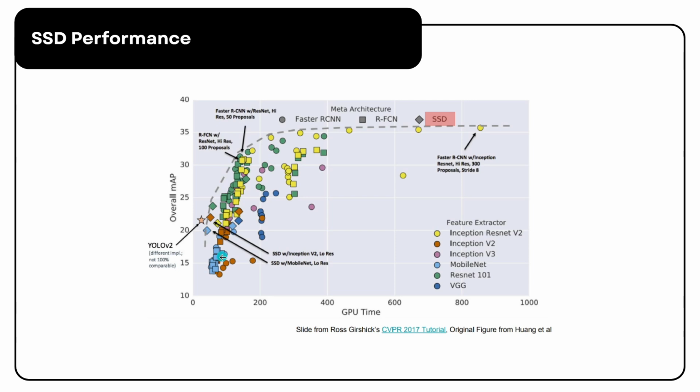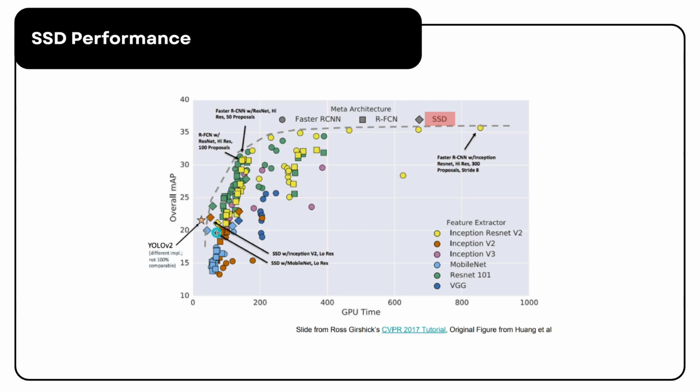So, okay, what else? If you look closer at other models like, let's say, YOLO, this is YOLO V2 here. Although it is fast, its accuracy is generally lower than SSD with a modern backbone like Inception V2.